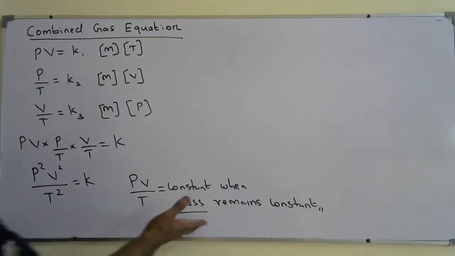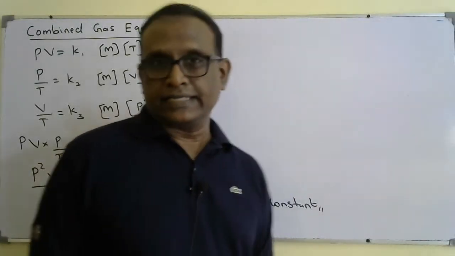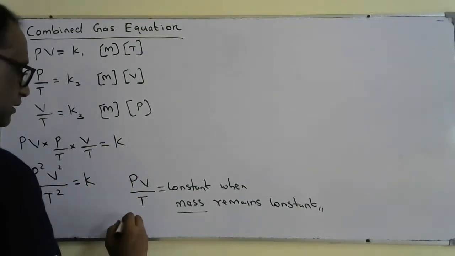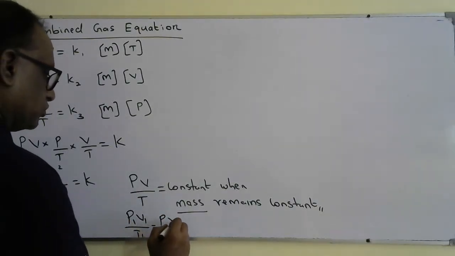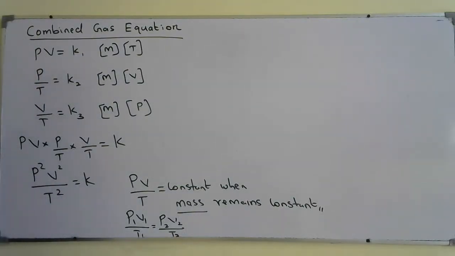So here, except mass, all three other macroscopic quantities can vary. That means P1 V1 over T1 equals P2 V2 over T2, but mass remains constant.